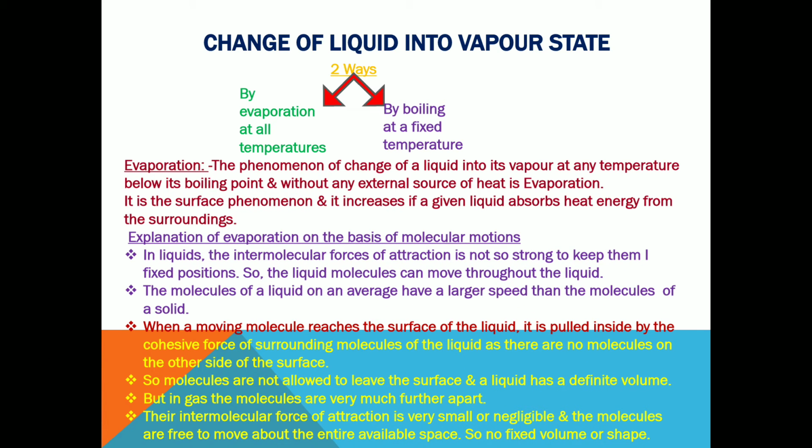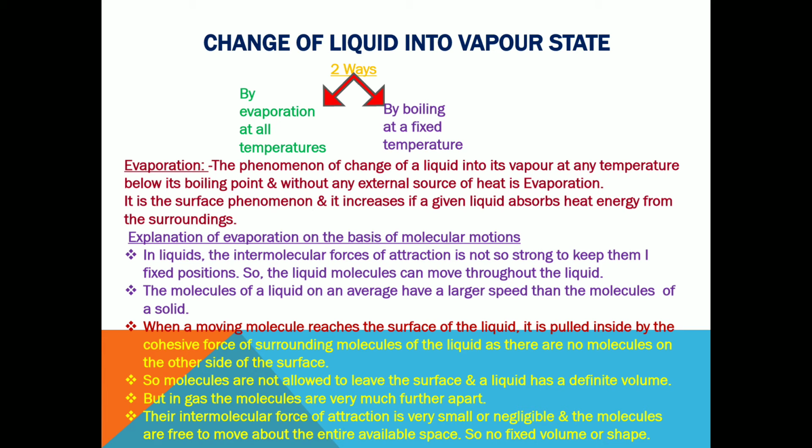Now, explanation of evaporation on the basis of molecular motion. What happens? In liquids the intermolecular forces of attraction are weak, weaker than in solids, though stronger than in gases. This force is not so strong as to keep the molecules in fixed positions. Like in solids, the intermolecular force of attraction is very strong, so the molecules remain in fixed positions.